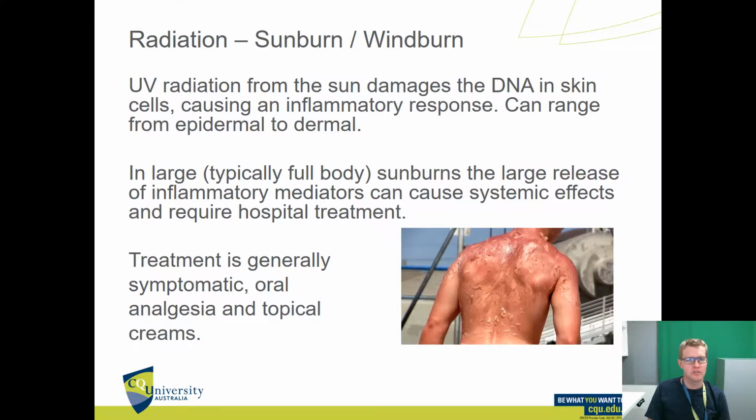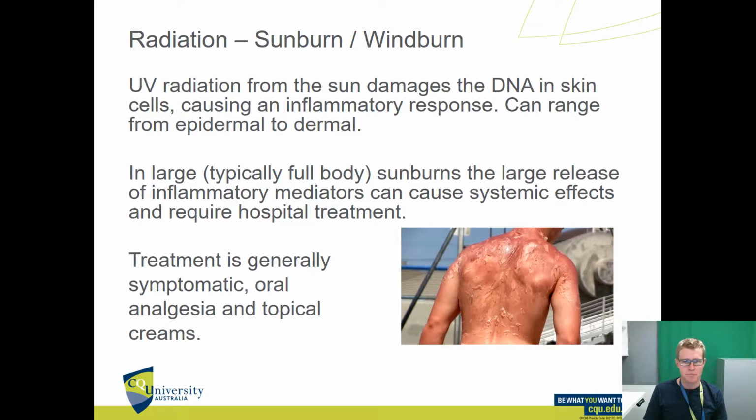Now, sunburn and windburn, which is also just sunburn, is a type of radiation burn. So UV light from the sun damages your DNA, and that causes inflammation. So if you get a lot of UV light, say across your neck or back, if you haven't put your sun cream on, like this gentleman, you get a lot of DNA damage in those cells, and you have this big inflammatory reaction.